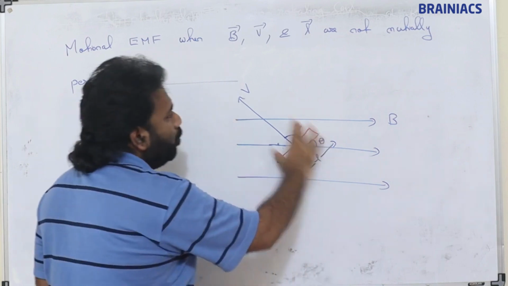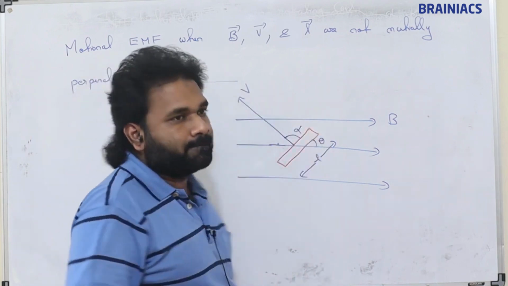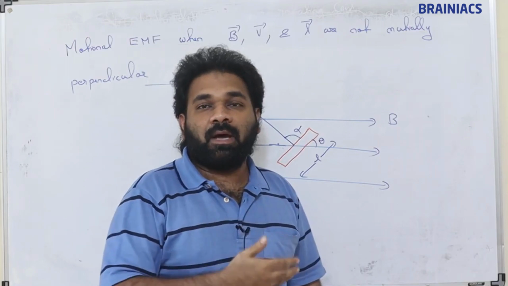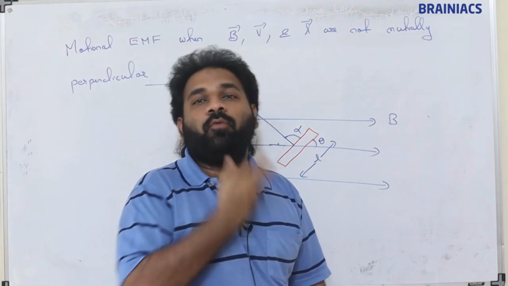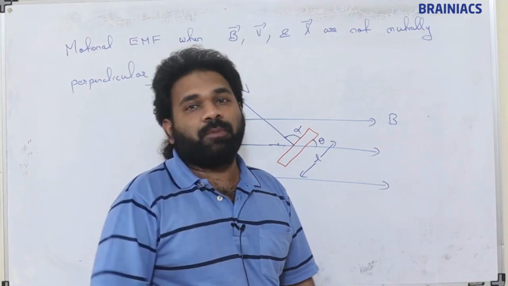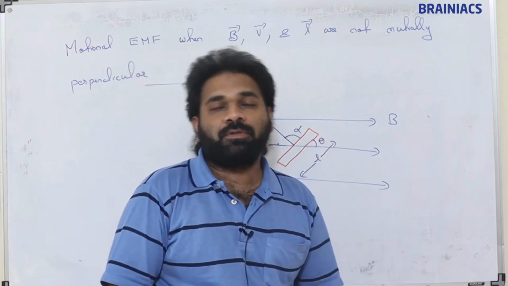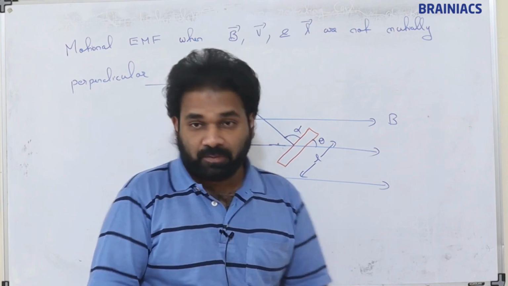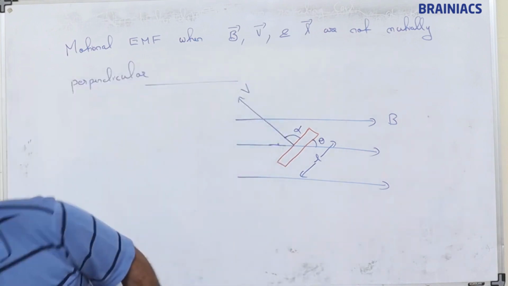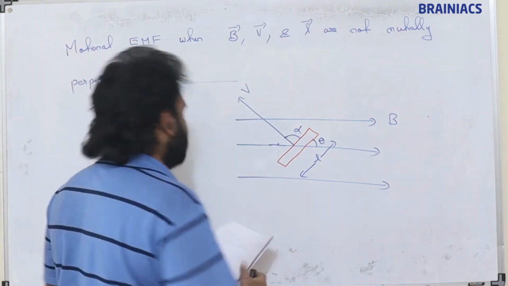So when it is moving with the velocity v, the charges inside the conductor are moving. These charges will experience magnetic force, and electric force also, electrostatic force also.